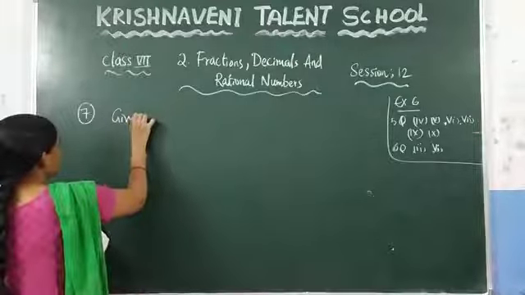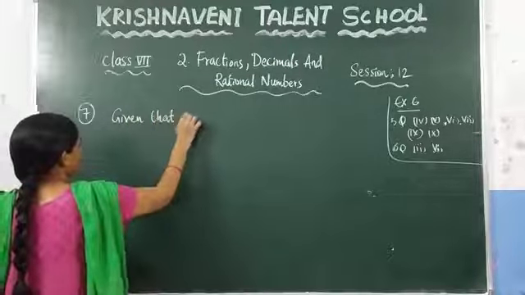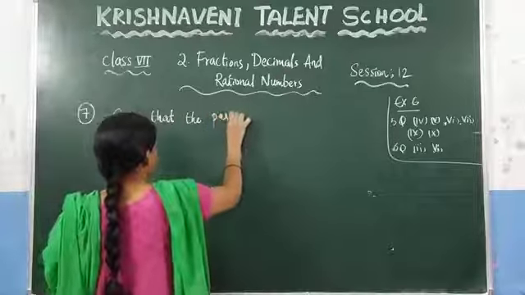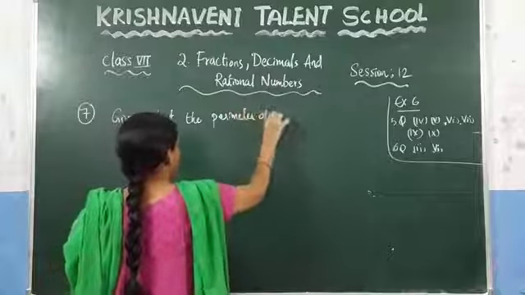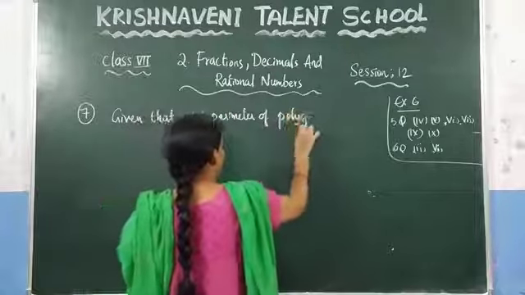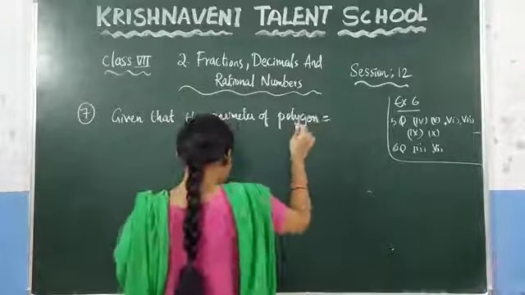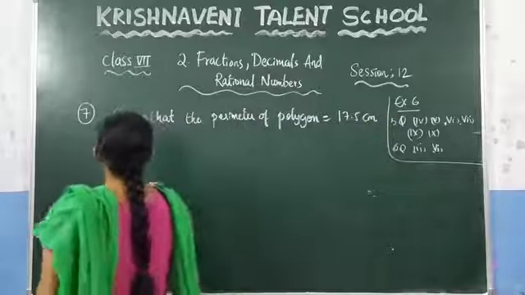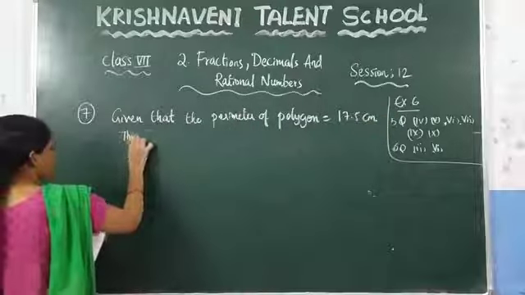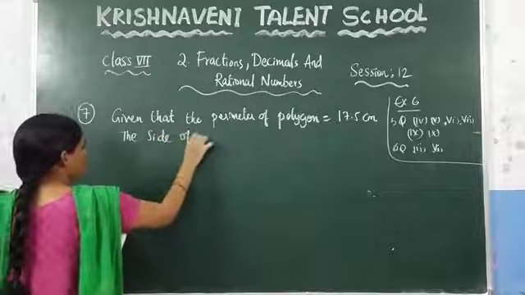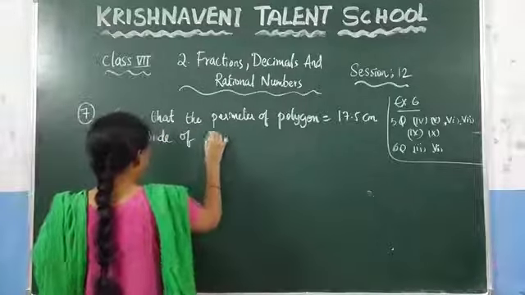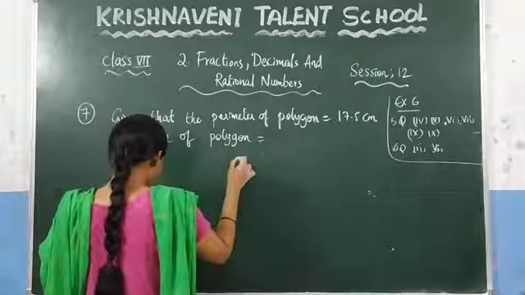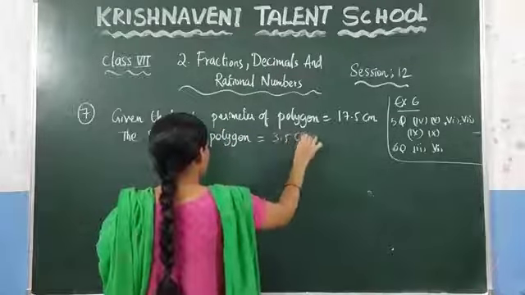Given that the perimeter of the polygon is 17.5 centimeters, and one side of the polygon is given with the length, which is 3.5 centimeters.